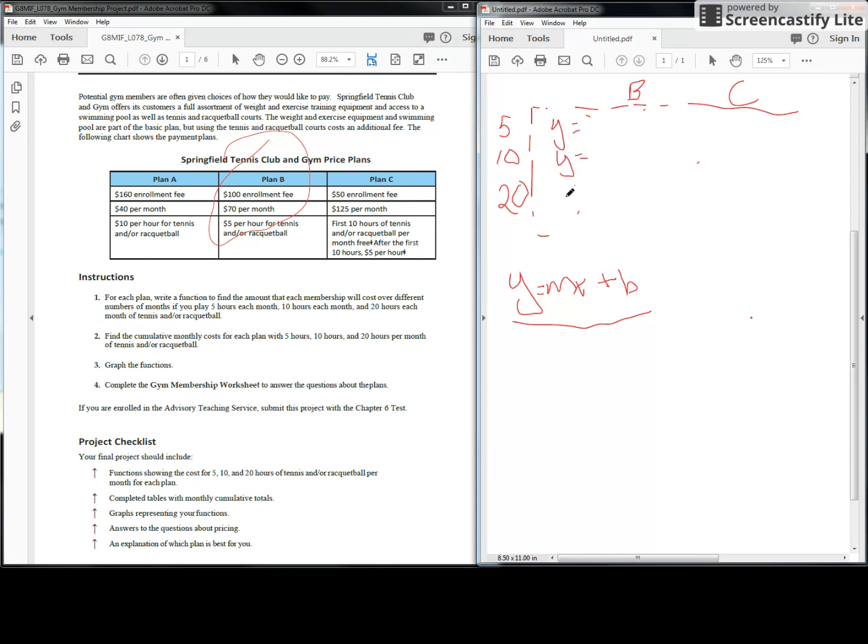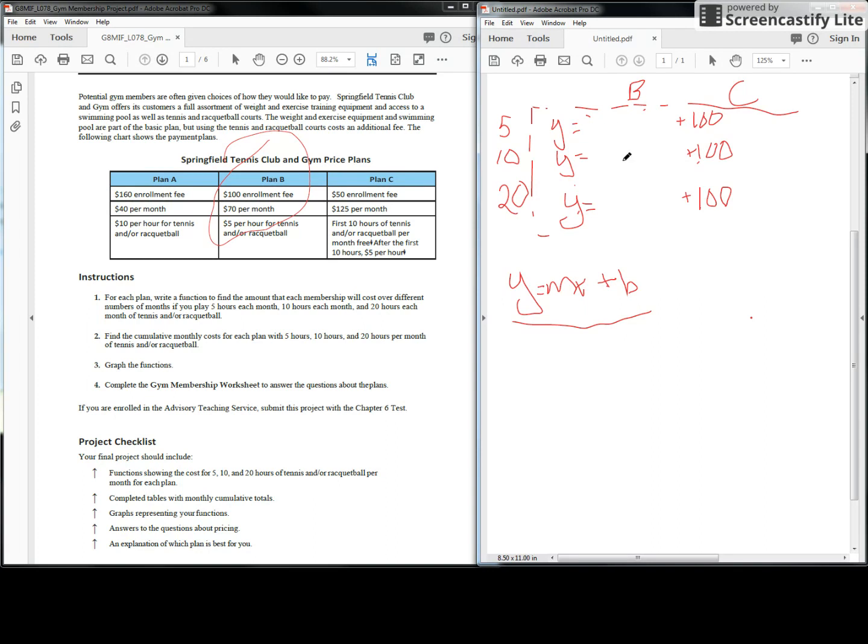And then they're actually all going to end with that same registration fee, the y-intercept, which for Plan B is going to be 100 every time. So you don't have to do it like this, but I kind of like to do these steps in batches. So now I already have a lot of the information. I just need to work on the middle part, which is how much does it cost per month.